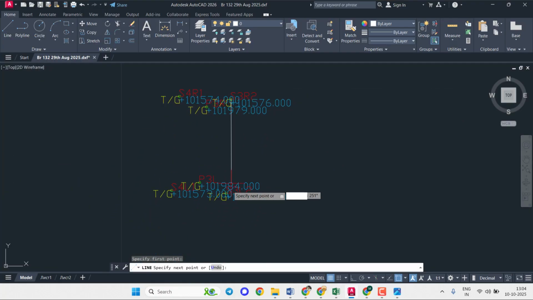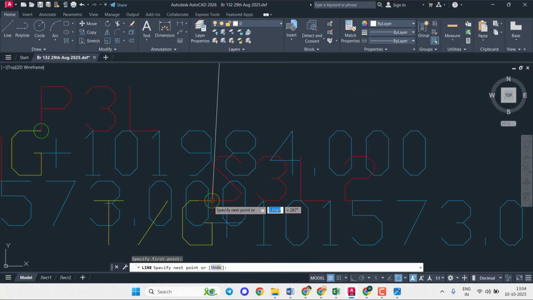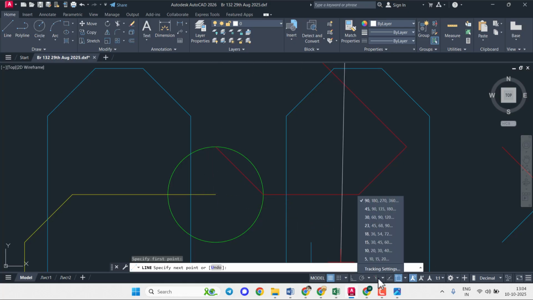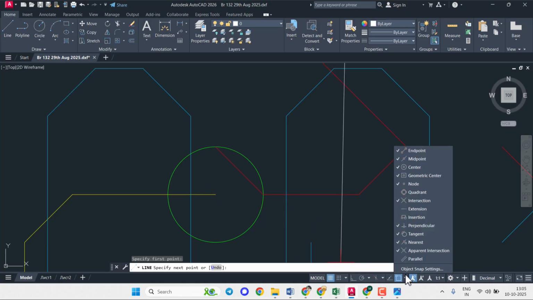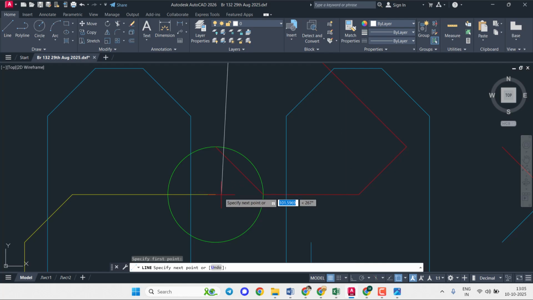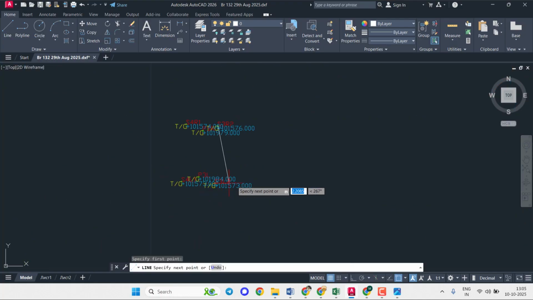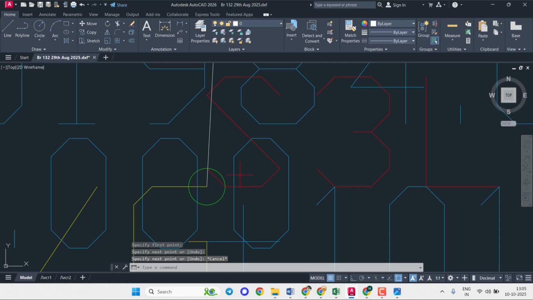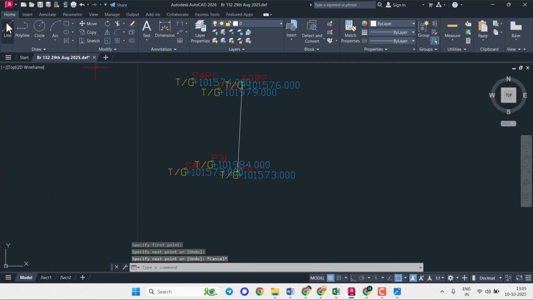S3 R2, S3 L2. Midpoint, intersection, insertion. Alright, we can also use Control Y for repeating. I think it is Control Y.